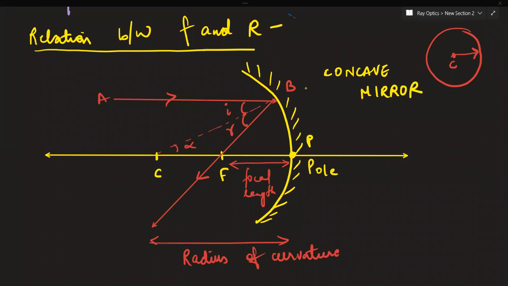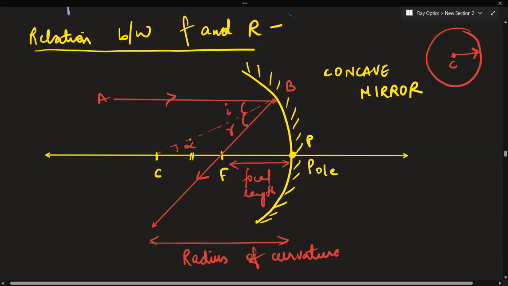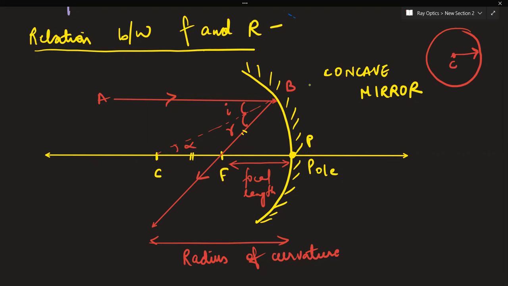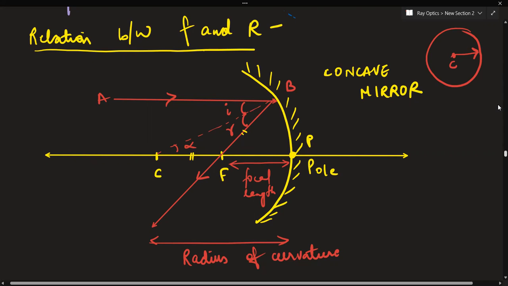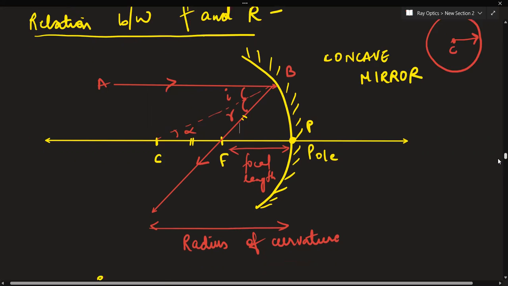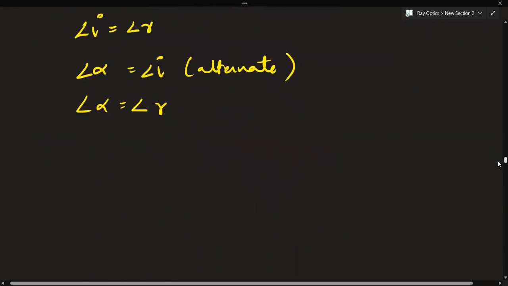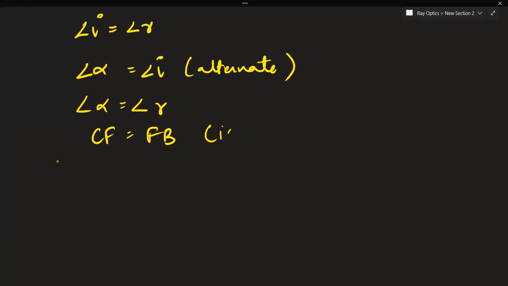Isosceles. Yes, isosceles triangle. So it means CF will be equal to FB. Both these lengths, FB and CF, will become equal because angle alpha and R are equal, so this is now forming your isosceles triangle.